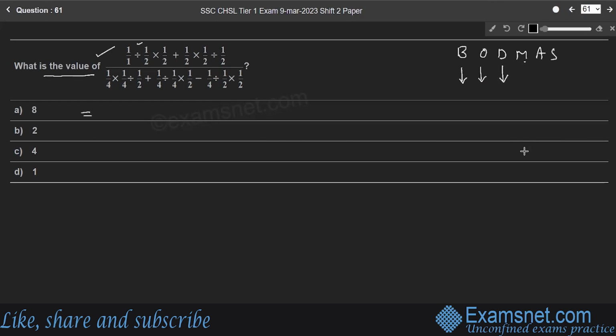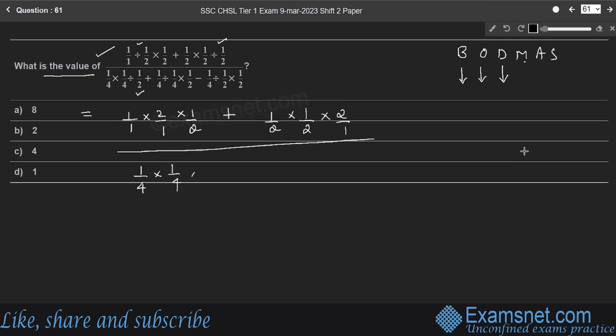So the given expression is equal to 1 by 1 divided by 1 by 2 becomes 2 by 1, into 1 by 2. The remaining terms will be the same. 1 by 2 into 1 by 2 divided by 1 by 2 becomes 2 by 1, whole divided by, so the denominator becomes 1 by 4 into 1 by 4 divided by 1 by 2 becomes into 2 by 1 plus.